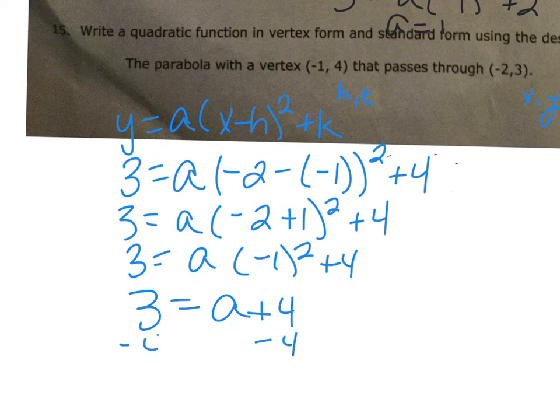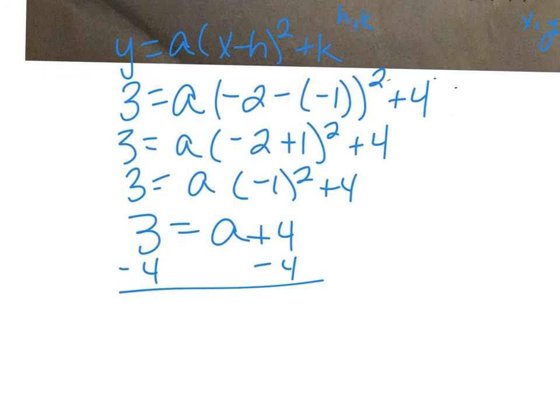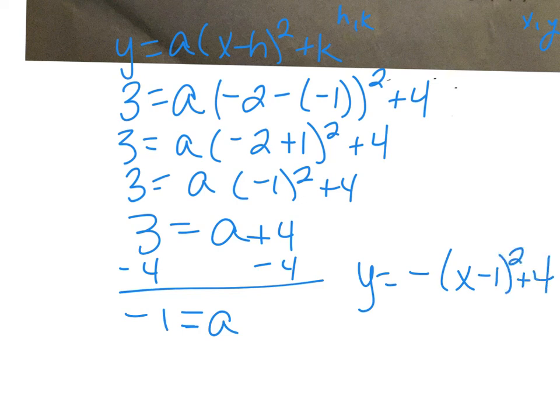Subtract 4, and see here you get that a is negative 1. So when you write your vertex form, it's y equals negative x minus 1 squared plus 4. And if you just assume a is always 1, you would get this one wrong, because you need that negative sign.